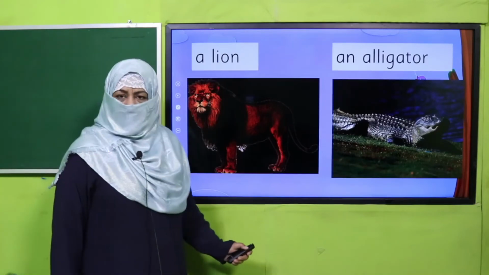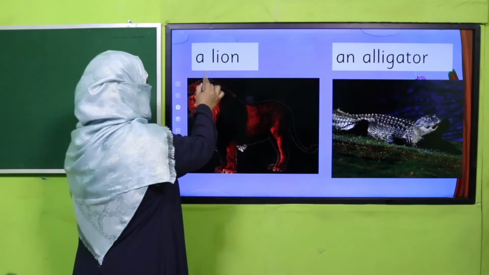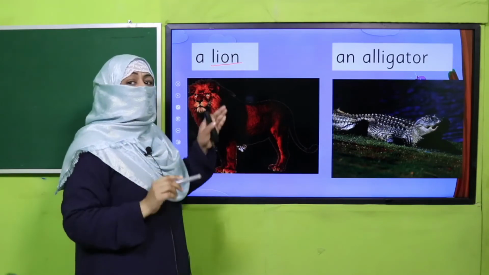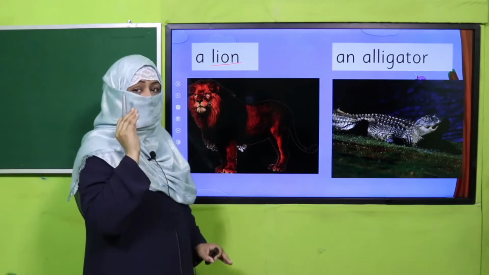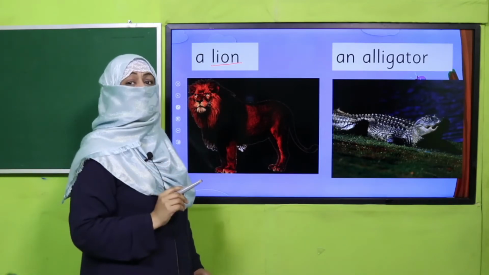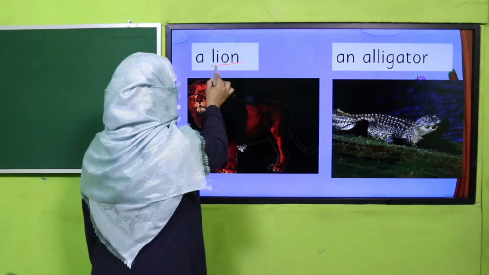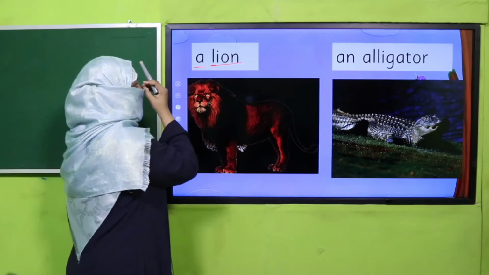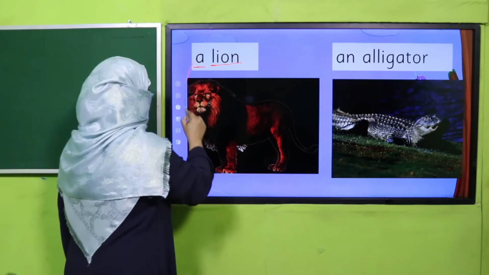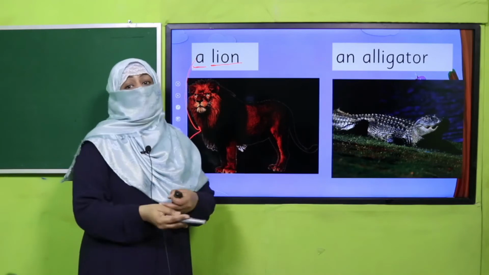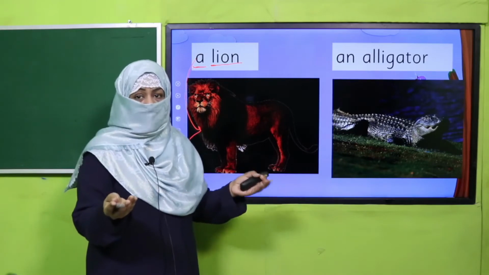Here is an example. You see, line. So when we say line, don't look at the letter only. Listen to the sound, line. The initial sound is L, and we know this is a consonant sound. That's why we use a. This indefinite article, a line, means any line or maybe every line, right?